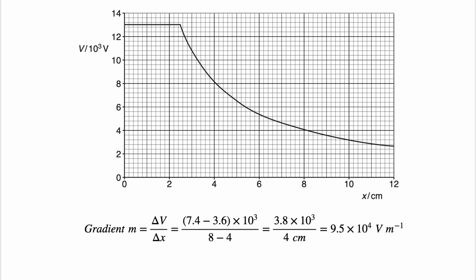We have to find the gradient at the distance that they have asked, nearly 6. You know how to find the gradient: y2 minus y1 divided by x2 minus x1. So if I get the values from the graph and put them in the formula, what I get is 9.5 into 10 power 4 volt meter inverse. Okay, these are the 2 points. I get the gradient.